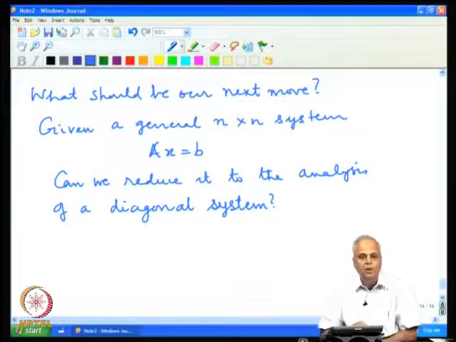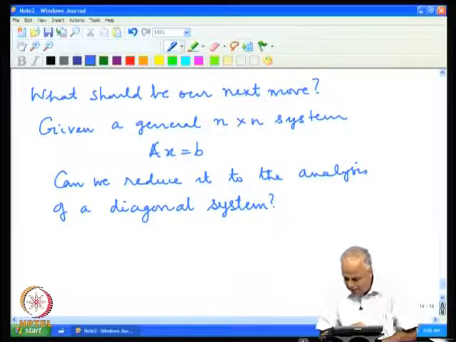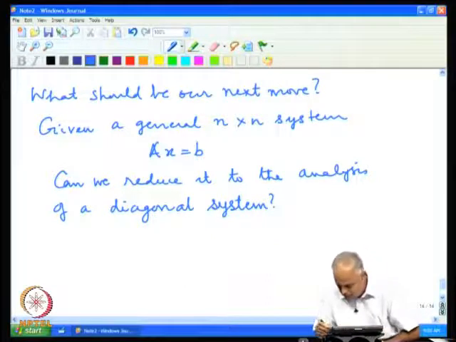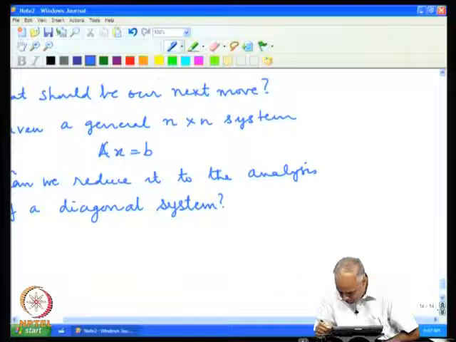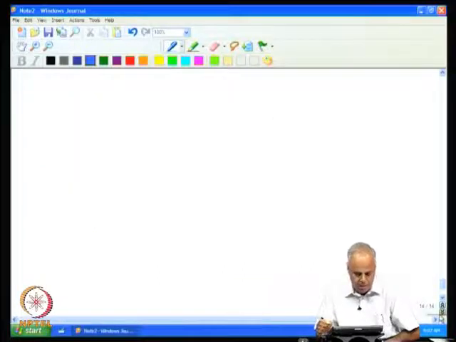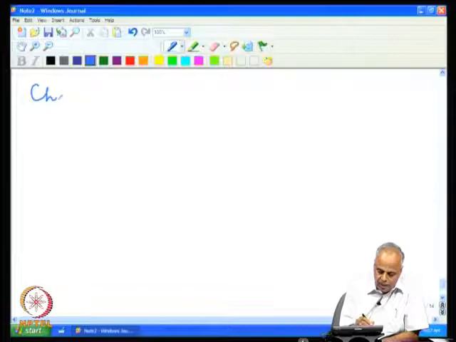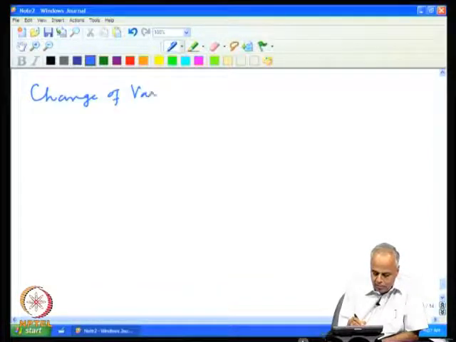Can we reduce this to the analysis of a diagonal system? What do we mean by this, or how can we go about getting to this diagonal system? This is where we like to introduce the idea of change of variables.